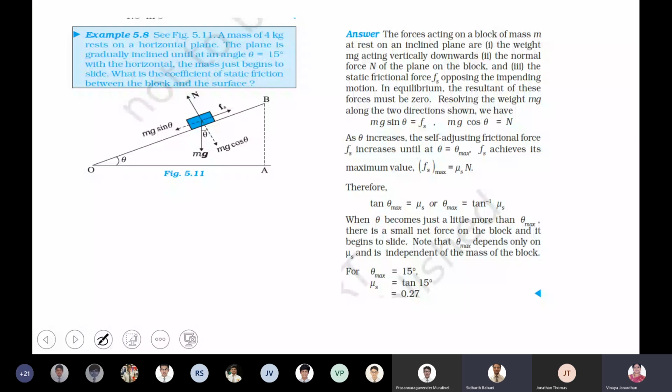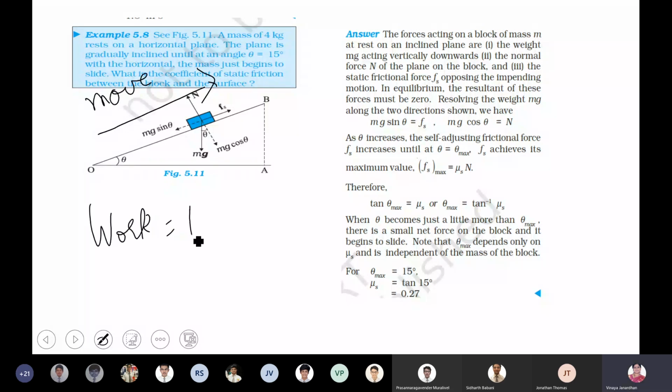Ma'am, can you create a question regarding this example itself? See, suppose you want to move the block up. When you keep a block on an inclined plane, naturally the block will come down because of gravity. But if you want to move the block from O to B, you have to do work, right?